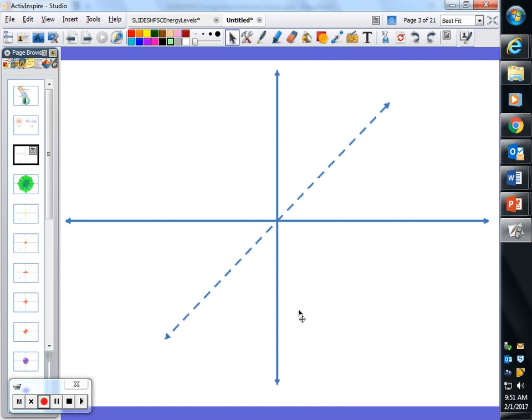There are 2 reasons why we can say that close to the nucleus would be a good place to start. What are 2 reasons why we might find electrons close to the nucleus? Protons have a positive charge, electrons have a negative charge, there's some attraction there. What else is another reason why they might be close to the nucleus? Very good.